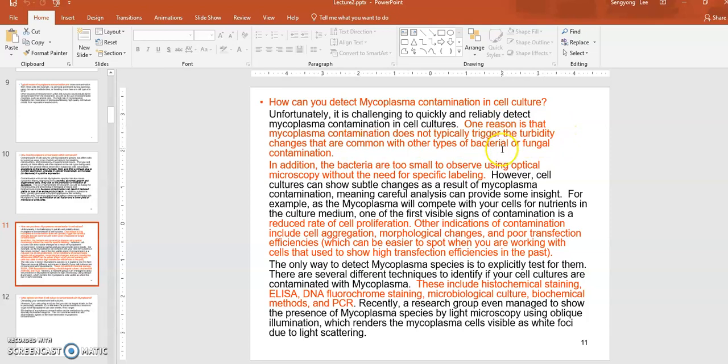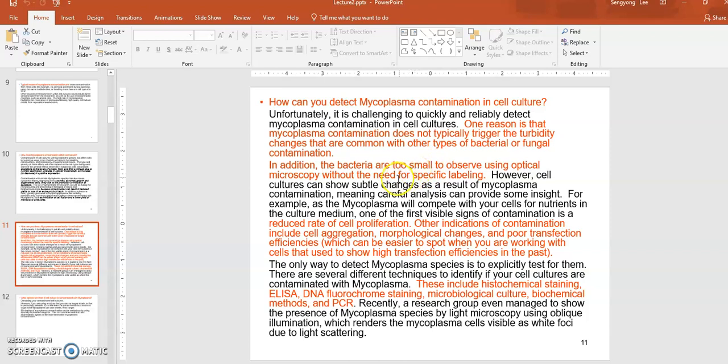A lot of prokaryotic cells, when they grow, will suspend around like E. coli cells. They will give you a very turbid cell culture, and then they will smell as well. But mycoplasma on the other side, they don't smell like E. coli, and they don't become suspended, so they don't show you the turbidity change.